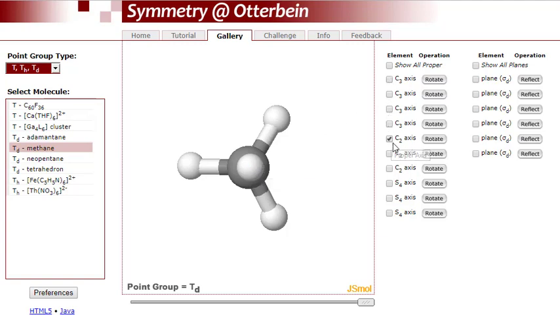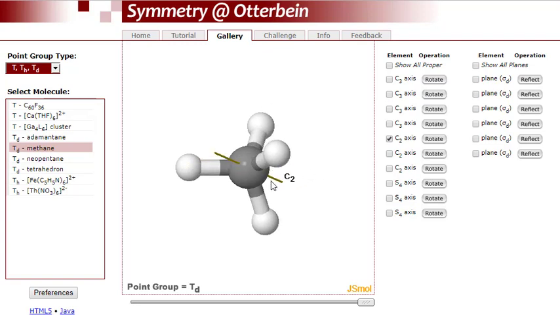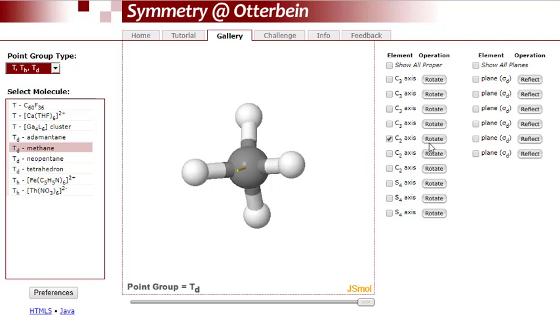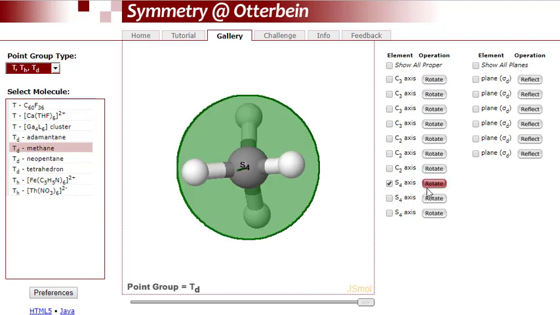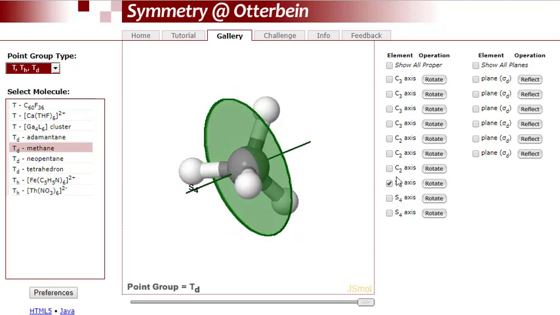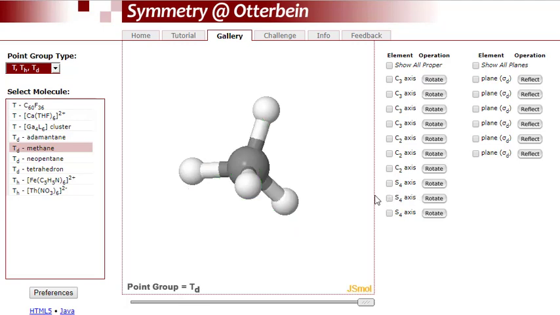If you go through the C2 rotation, which is cutting between two oxygens in our case, all of the atoms move. And if we do an S4, so an S4 is where we do a C4 rotation followed by a sigma h, and all of the bonded atoms move.